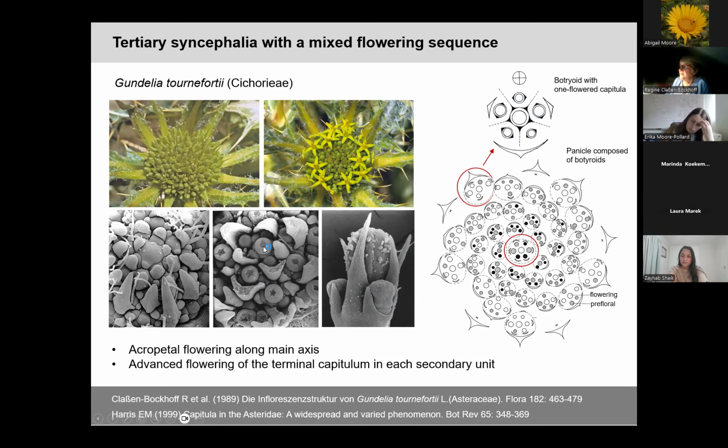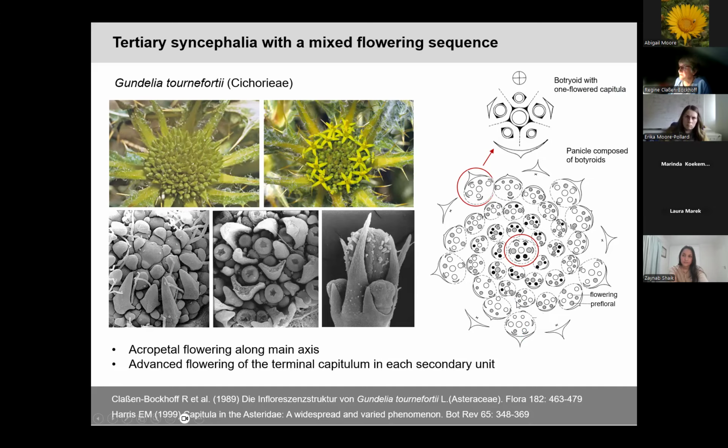And looking at this development, we see that the terminal flower again develops in advance, and that the lateral ones flower in an acropetal order. So we have altogether a panicle composed of botryoids with 1-flowered capitula.